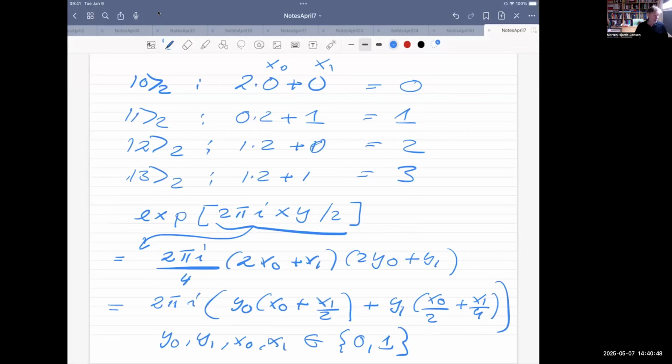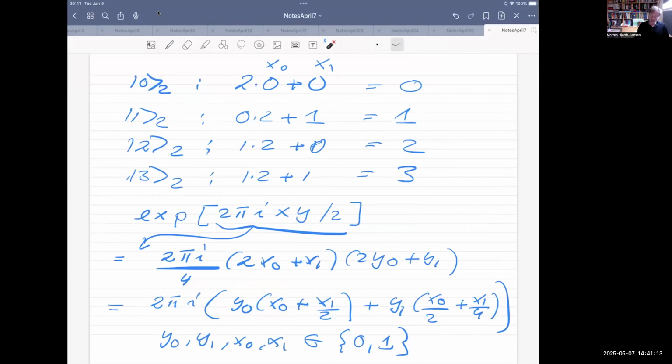So when I now rewrite this formula, it's useful to note that when I take the exponential of x0, if you look at the products here, if you look at this term first, y0 and x0 multiplied with 2 pi times i, this term will either give us 0 or 2 pi times i.